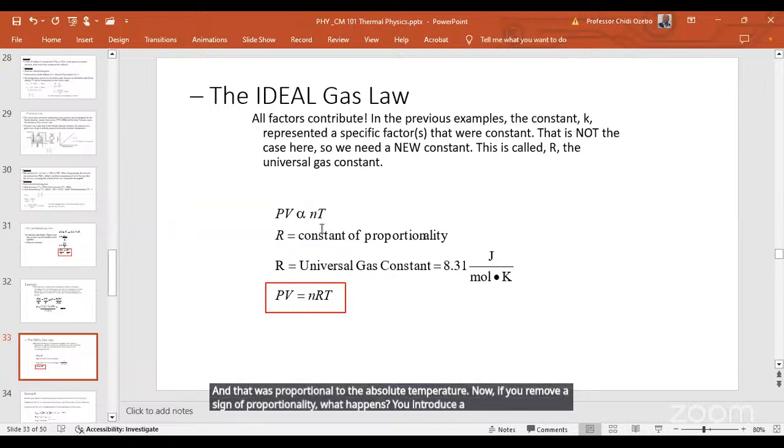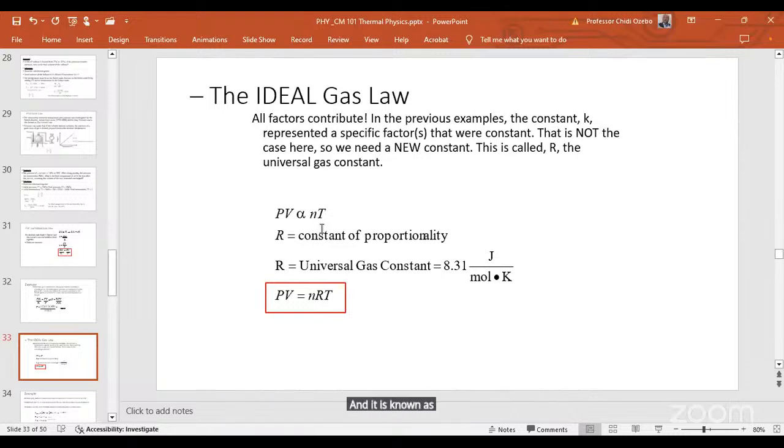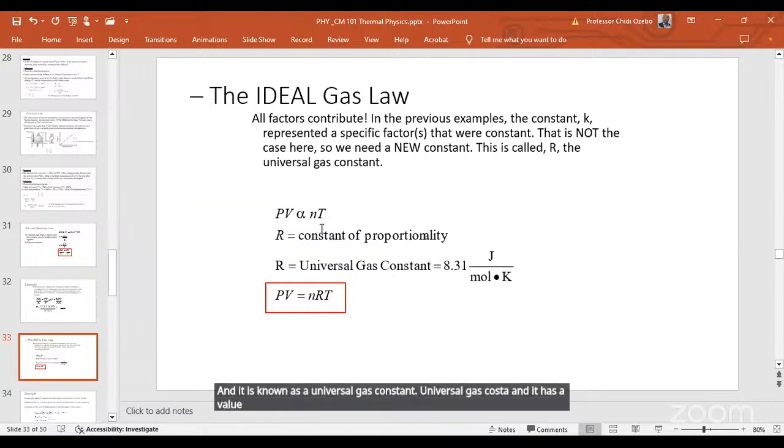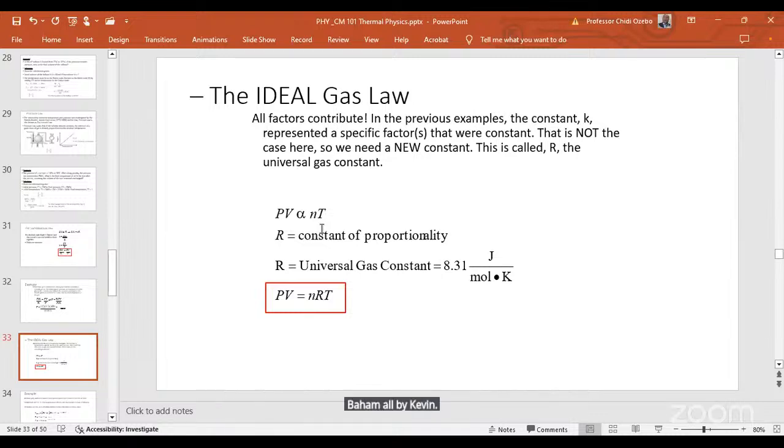The constant here now is R, capital R, and it is known as the universal gas constant. It has a value which is 8.31 joule per mole per Kelvin. So the ideal gas law, therefore, will now be PV is equal to nRT.